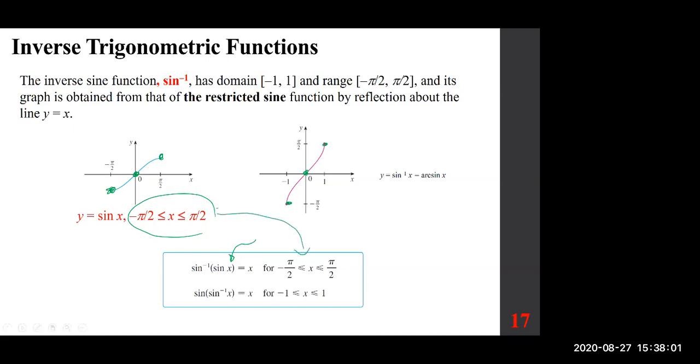But if you are looking at this one, now you want the domain of this x, and that's why you have negative 1 to 1, because sine inverse, okay, is between negative 1 and 1, as far as the y coordinate is concerned. You want to pay attention to that, okay. All right, so having said that, let's move on.